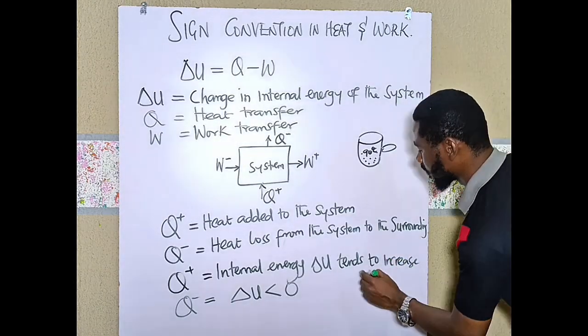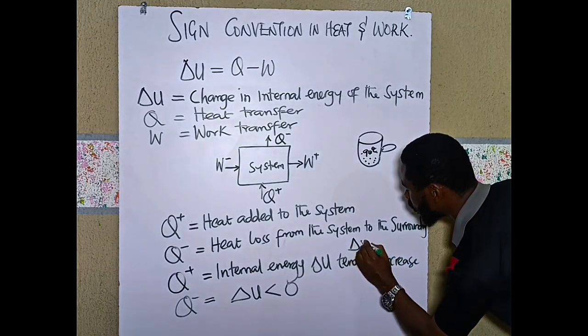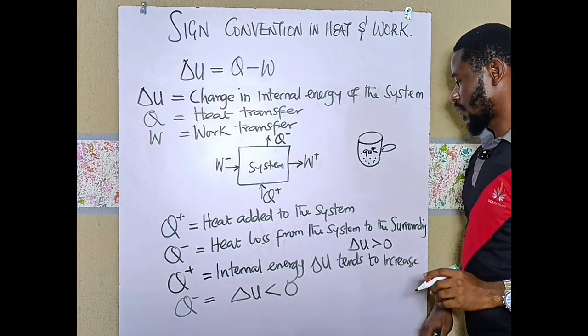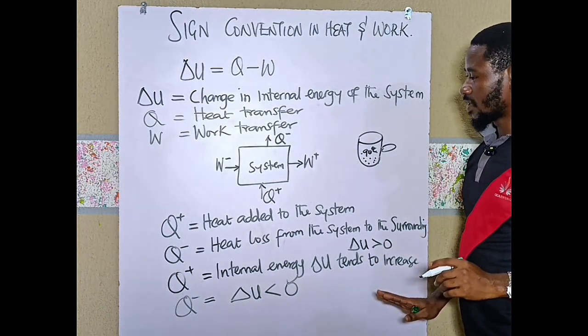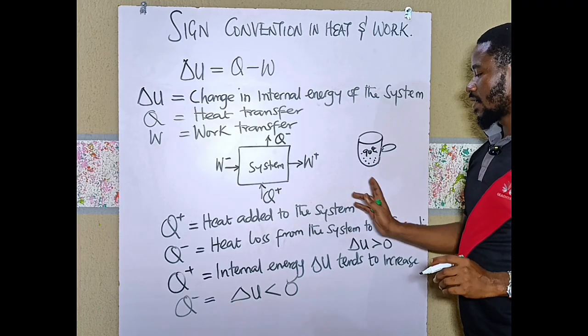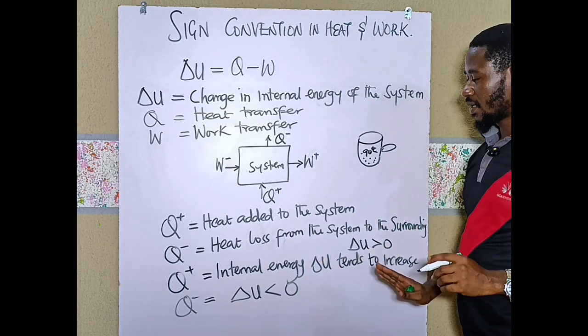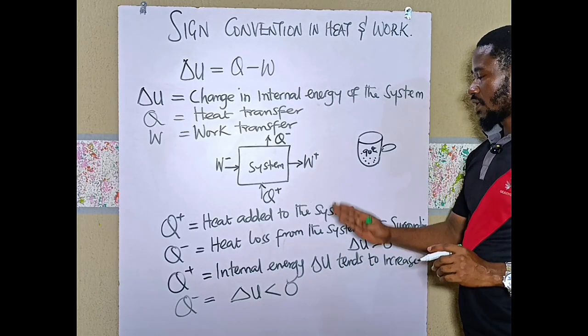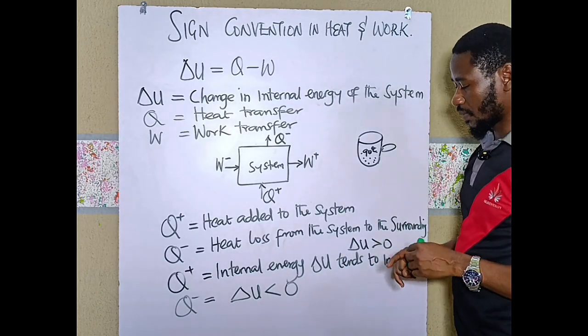The first one, ΔU is greater than zero, simply means that heat is added to the system. And when ΔU is less than zero, it simply means that heat is lost from the system.